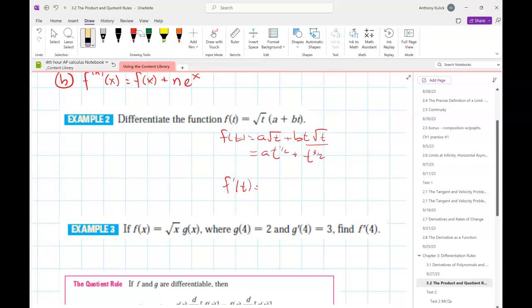Now let's write it this way. Oops, I meant b there. Or if I wanted to, a over 2 root t plus 3b over 2, and that should be root t up there.